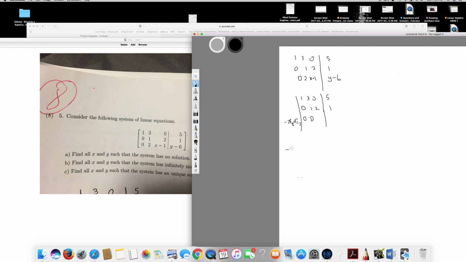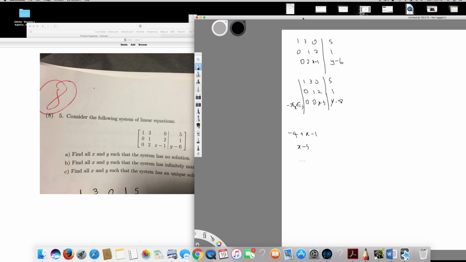Let's see, -4 plus x minus 1, right? So x minus 5. And -2 times e2, -2 times 1 is going to be -2, and -2 plus y minus 6 is going to be y minus 8. So this is my final value. Now I can solve these questions.